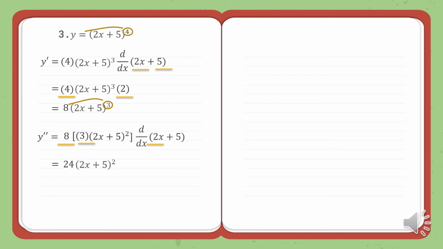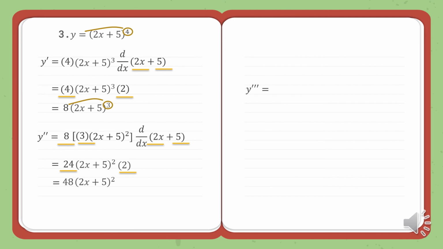Hanapin natin yung derivative ng 2x plus 5. 2x is 2 and the derivative of 5 is 0. Simplify natin yan by multiplying yung mga factors na hindi composite, which is 24 and 2. So, it will be 48(2x plus 5) raised to 2. Yan ang ating second derivative.